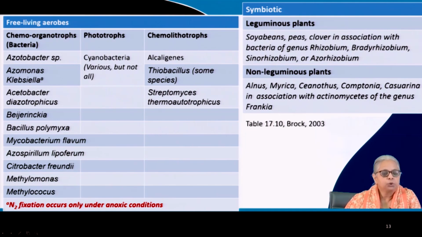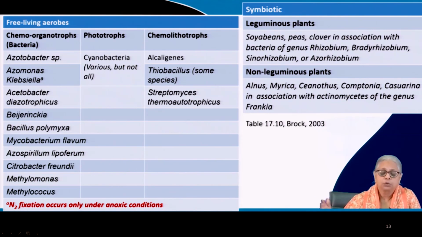Now, the chemoorganotrophs all belong to the bacteria domain of the classification of organisms. So, here we have Azotobacter, Azomonas and Klebsiella. Now, Klebsiella is known to be capable of nitrogen fixation only under anoxic conditions. Under oxic conditions, it's a facultative bacteria.